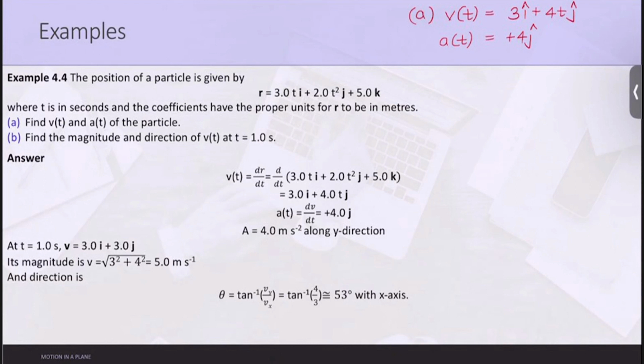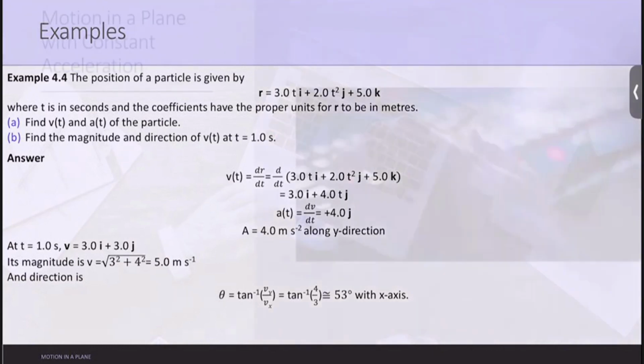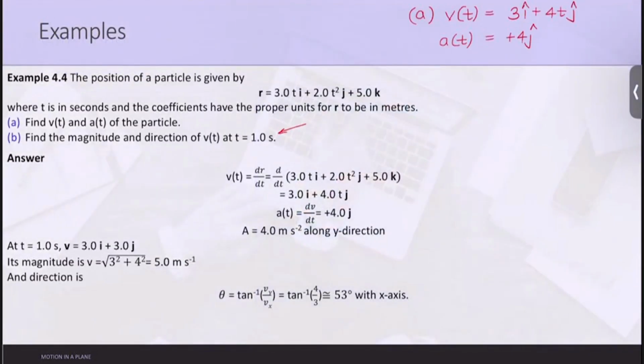Now let us look at the second part of this question. The second part says that you need to find the magnitude and the direction of v of t at t is equal to 1 second. Okay, so first of all, what is the magnitude of anything?